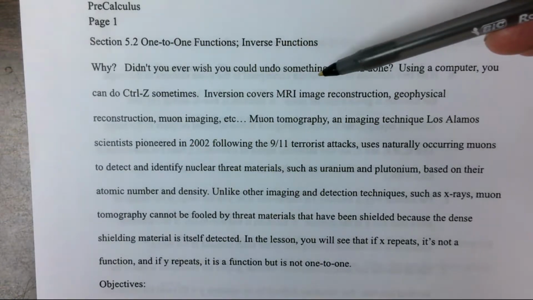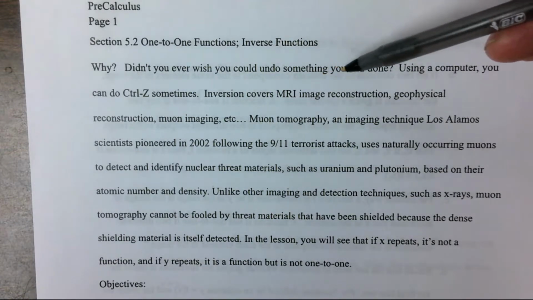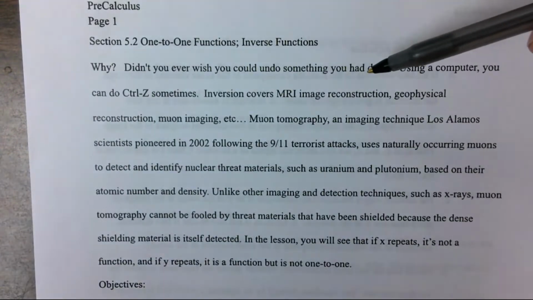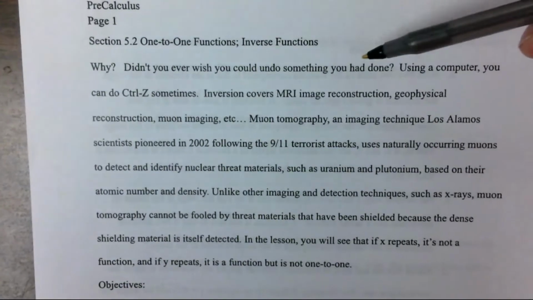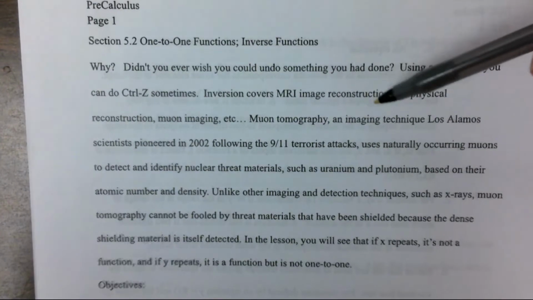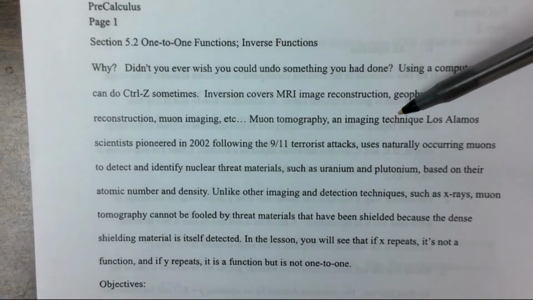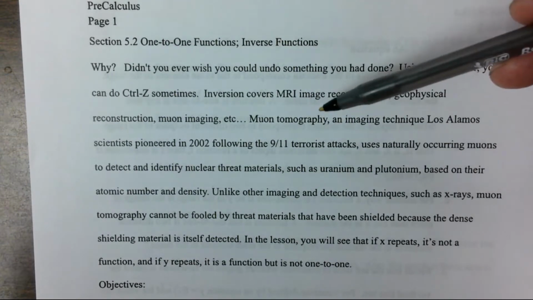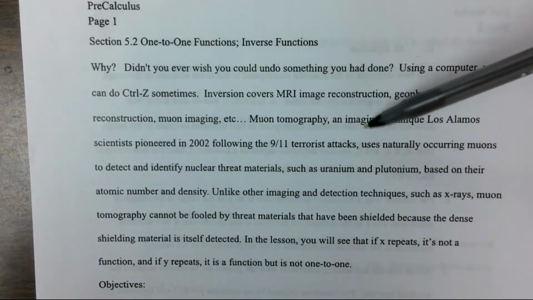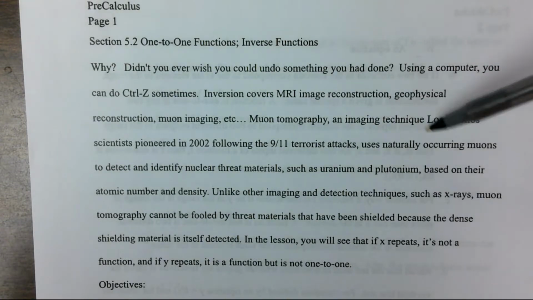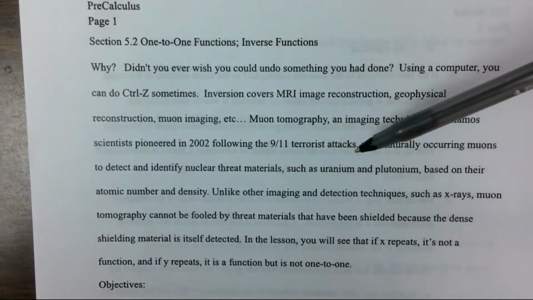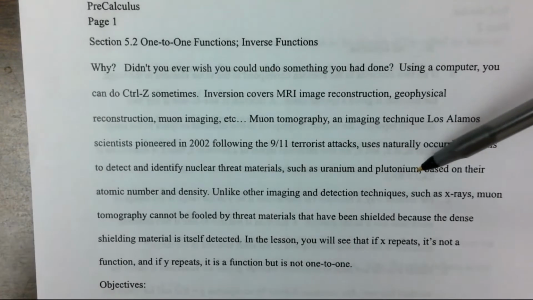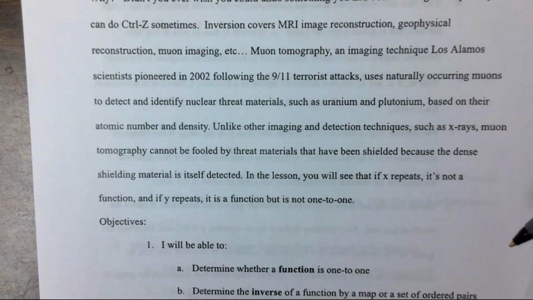Inversion covers MRI image reconstruction, geophysical reconstruction, muon imaging, etc. Muon topography, which is an imaging technique that Los Alamos scientists pioneered in 2002 following the 9/11 terrorist attacks, uses the muons to detect and identify nuclear threats, such as uranium and plutonium, based on their atomic number and their density.